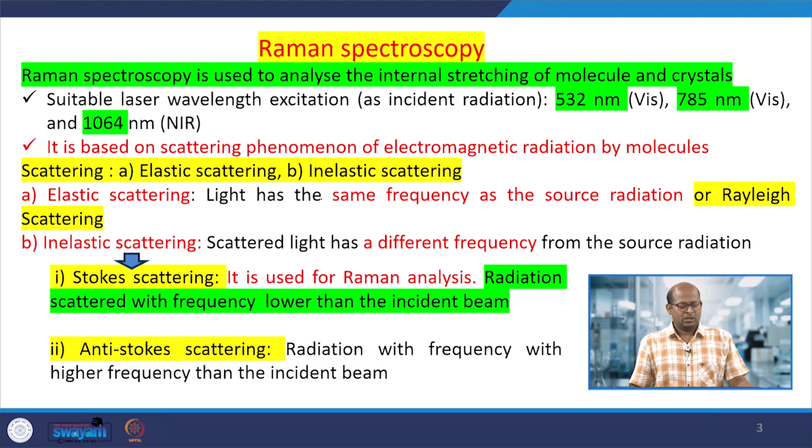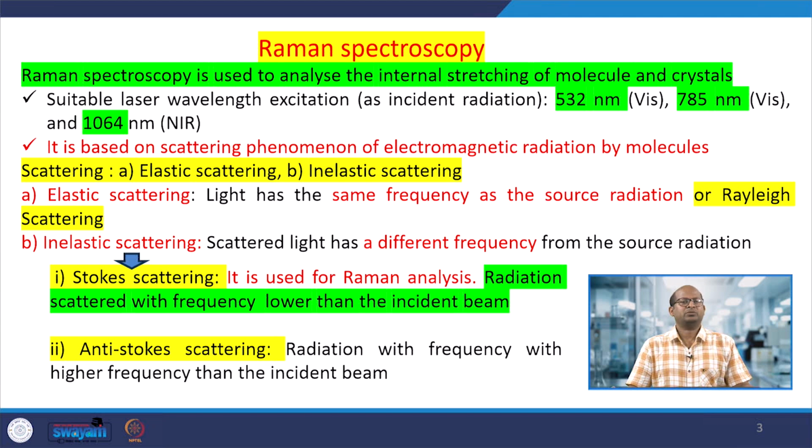In Raman spectra, suppose a molecule has a symmetrical stretching frequency, some vibrations are there that we can measure with the help of Raman spectroscopy. It is a complementary technique to FTIR spectroscopy. In FTIR you usually get symmetric and asymmetric stretchings present in the molecule, and when there is a symmetrical stretching in that molecule, it is not IR active.